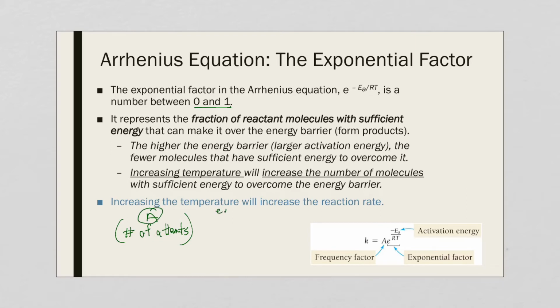Where the exponential factor now is the number of attempts with enough energy to form products. So in other words, we have the total number of attempts times the number of attempts that actually have enough energy to be successful.